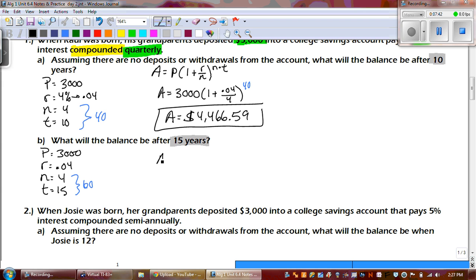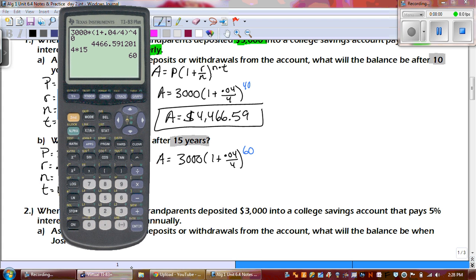Okay, so let's just plug everything in again. We start with 3,000, 1 plus 0.04 divided by 4. And then remember, it's n times t, that's where that 60 comes from. Okay, so plugging it into our calculator, we have 3,000 times 1 plus 0.04 divided by 4 raised to the 60th power.